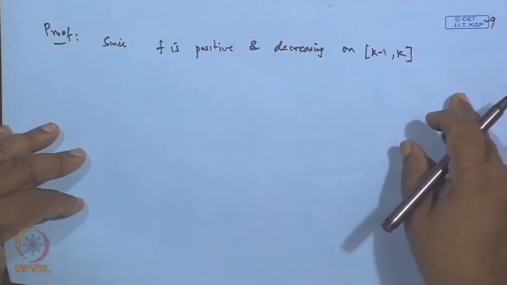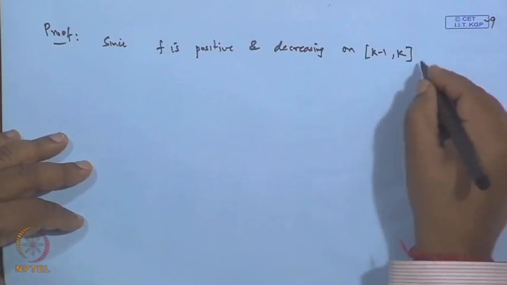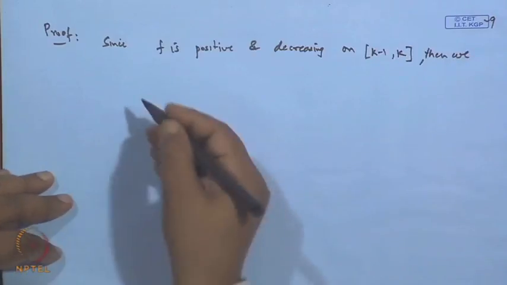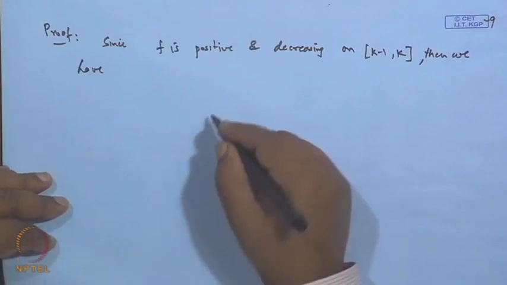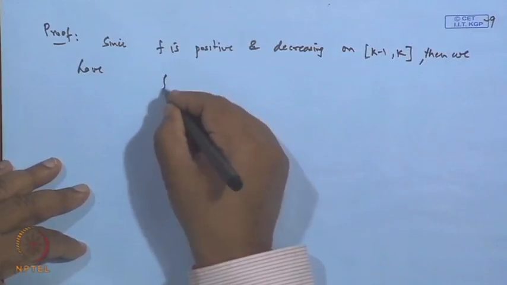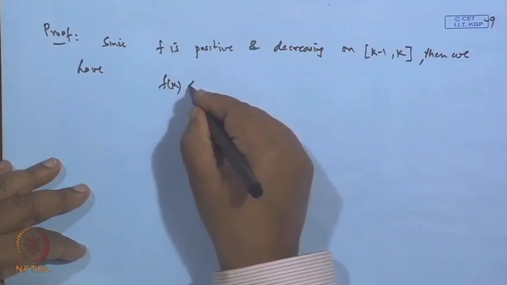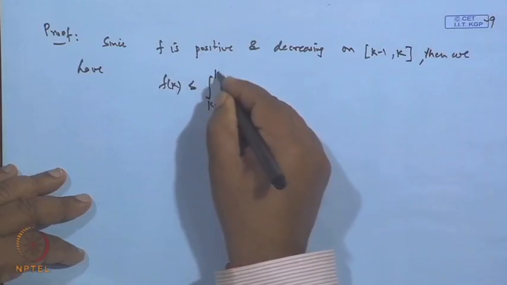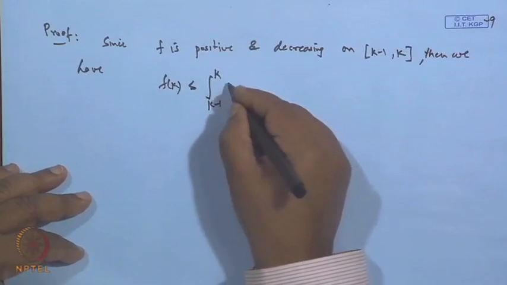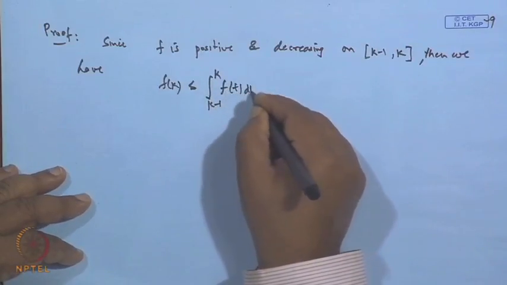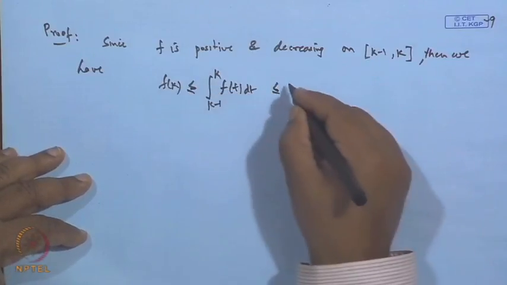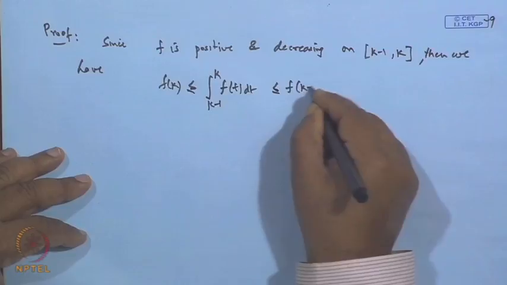Then we obviously have the relation f(k) is less than or equal to the integral from k minus 1 to k of f(t) dt, which is less than or equal to f(k minus 1).